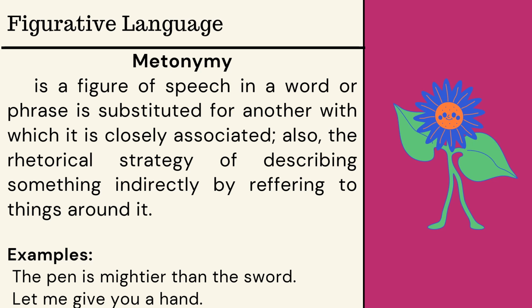So in metonymy, we are substituting an idea or a word with a term that is associated to it, or that we could relate to it. For example, let me give you a hand as one example. Instead of saying help, we say hand, part of the body that could be associated to help. Okay?